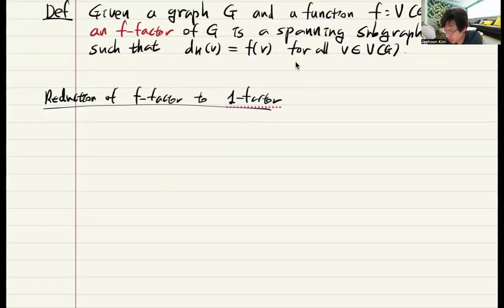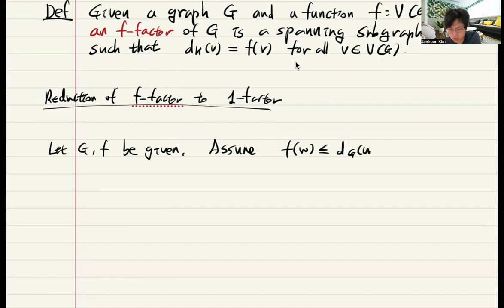Assume we have a graph G and also a function f. And assume that, of course, f of w is at most the degree of w for all vertices in G. If this is not satisfied for even a single vertex, then it's obvious that an f factor does not exist in G. This is an obvious necessary condition.